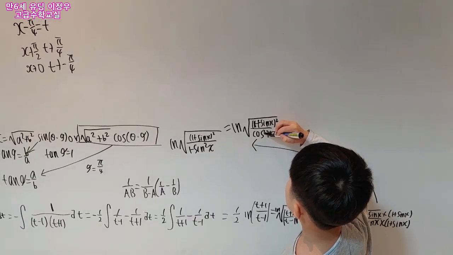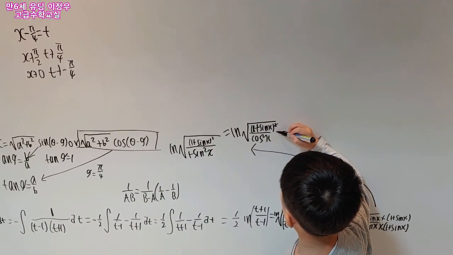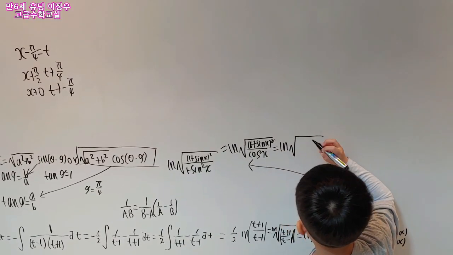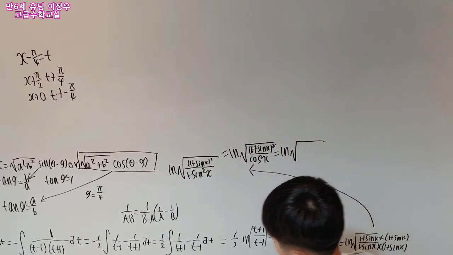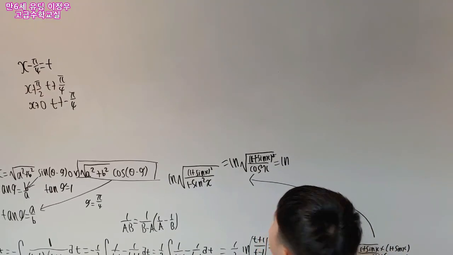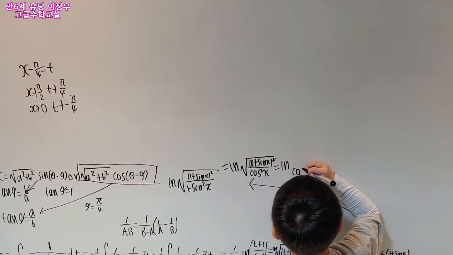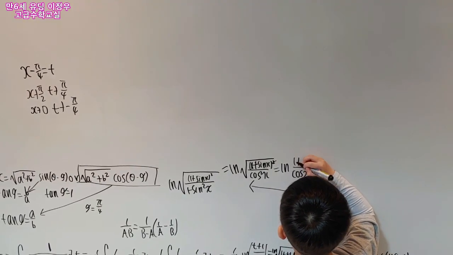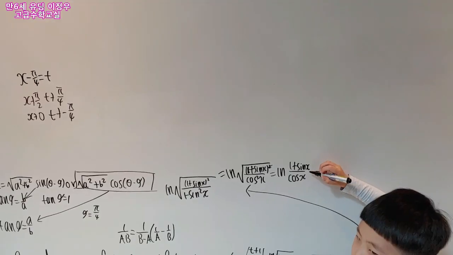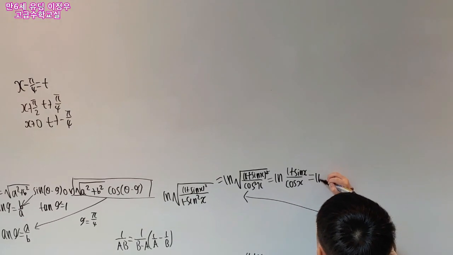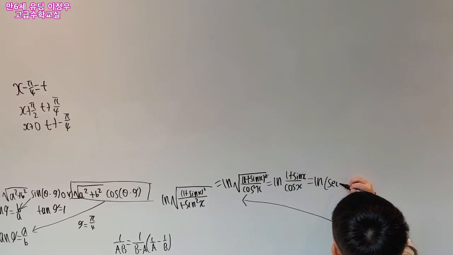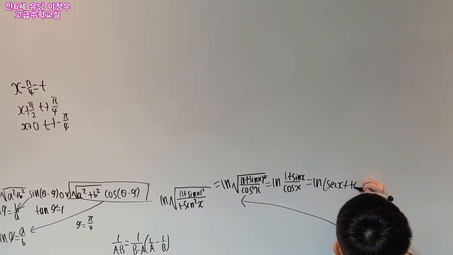The root is cancelled out. So ln of 1 plus sine x over cosine x. This goes to secant x, and this goes to tangent x.